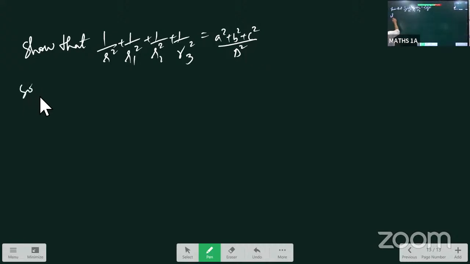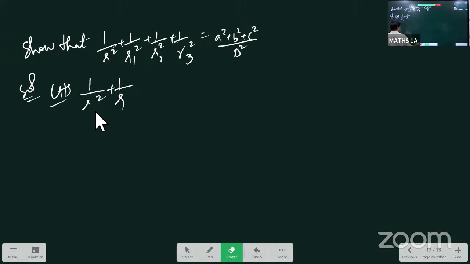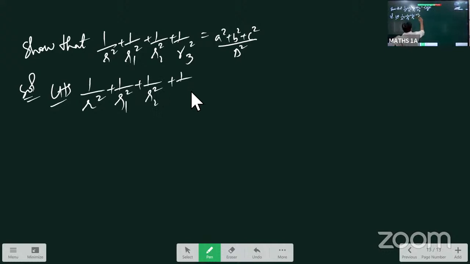Take your solution. LHS: 1 by r square plus 1 by r1 square plus 1 by r2 square plus 1 by r3 square.